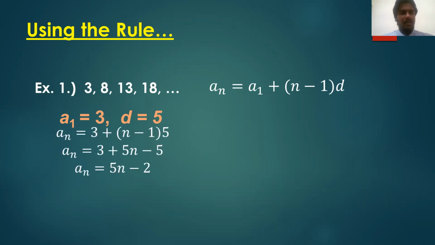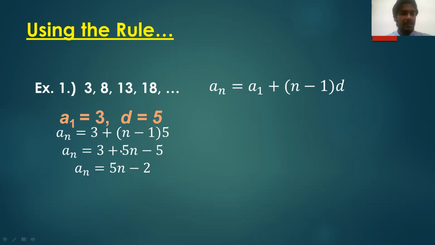According to the rule, an = 3 + (n - 1) * d. We expand (n - 1) * d, where the value of d is 5. So we expand this: 5 times n is 5n, and 5 times 1 is 5. Here the sign is minus, so it is minus 5.